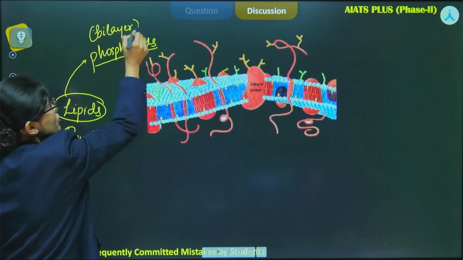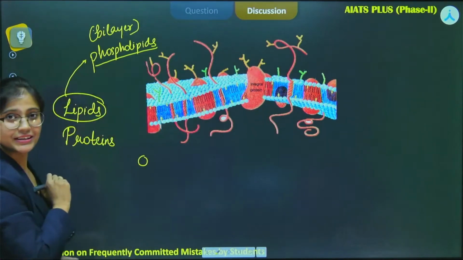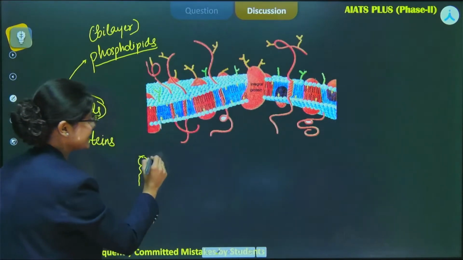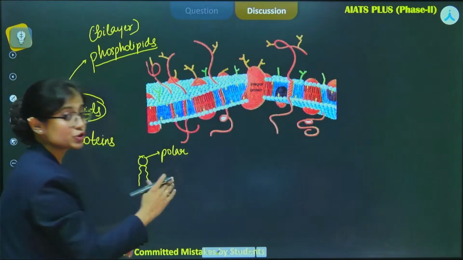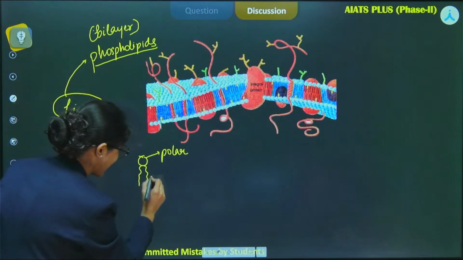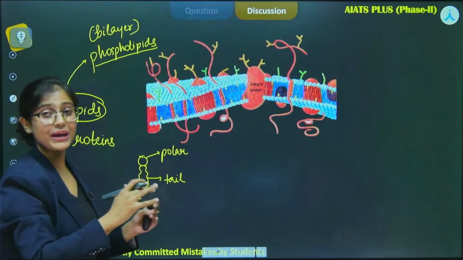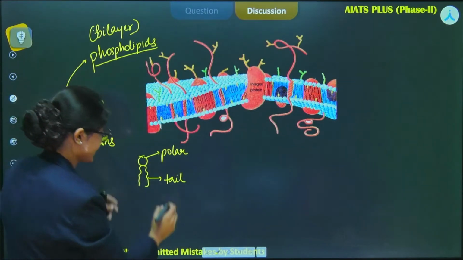How are they arranged? Let's see. This is the head, right? This is the tail. This head is polar, that means it is towards the aqueous region of the cell. And this is the tail, which is hydrophobic, that means it is away from the aqueous region of the cell.